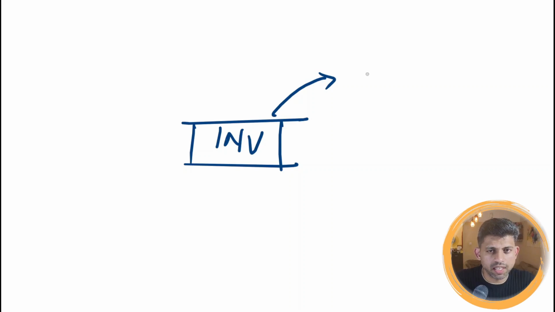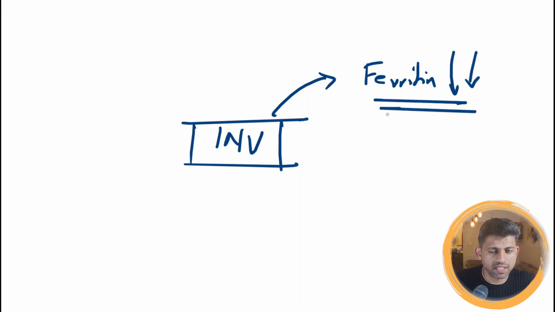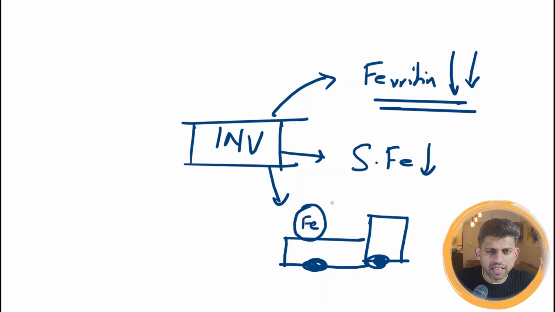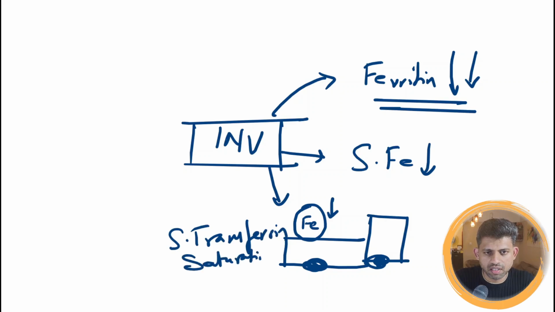Now let's look at the investigations you do in a case of iron deficiency anemia. As we saw earlier, ferritin, the storage form of iron, is the first parameter to go down in iron deficiency anemia. Along with that, serum iron goes down. Transferrin, which transfers iron, will have less iron to carry. So, transferrin saturation goes down.